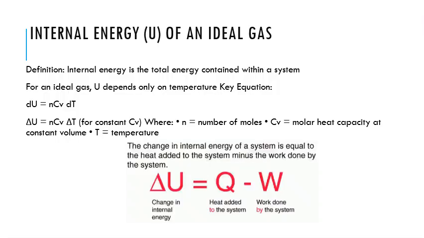The key equation is delta U is equal to nCv delta T. Remember, n is the number of moles, Cv is the molar heat capacity at constant volume, and T is temperature. This relation lets us calculate how much the internal energy of a gas changes when we heat or cool it.